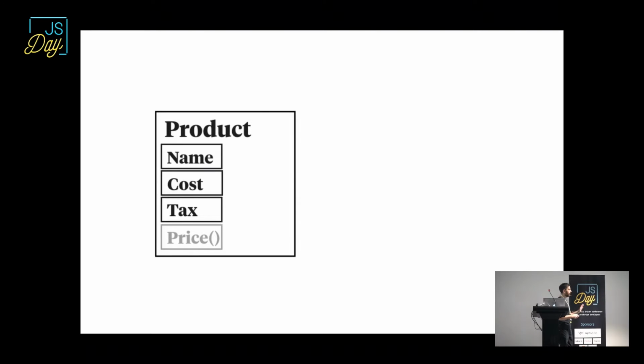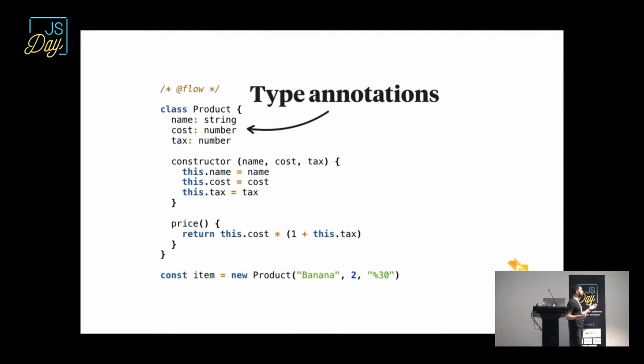Okay, so let's get our product again, and let's make the types clear. And that's the way you can do that using Flow. You just define the properties and the kinds of types that you need. That's our contract: properties and their expected types.